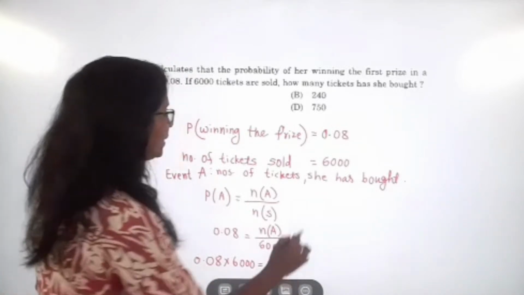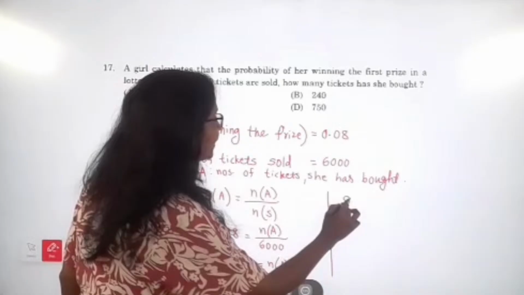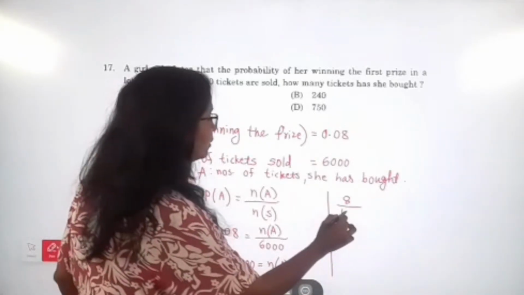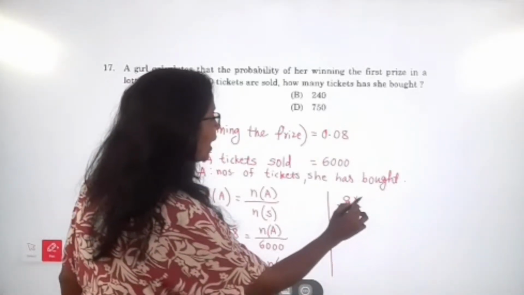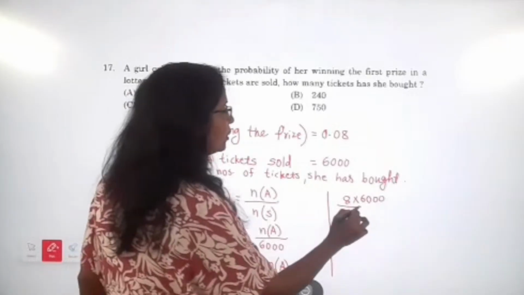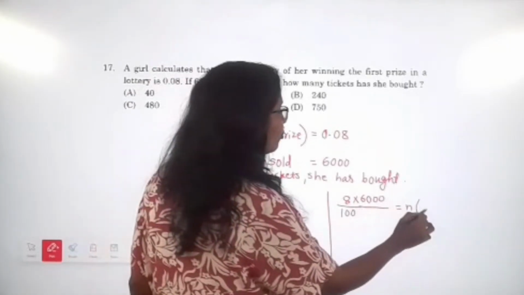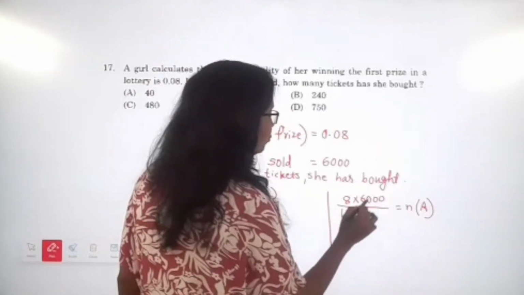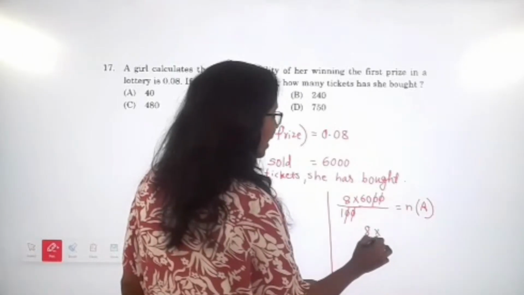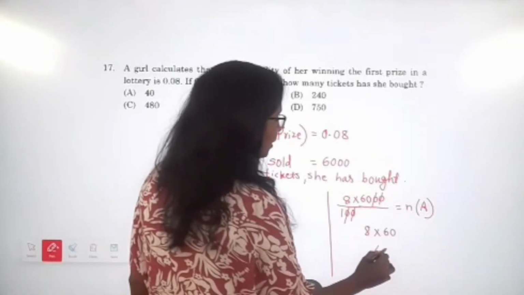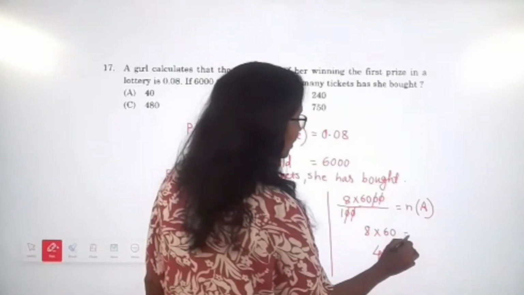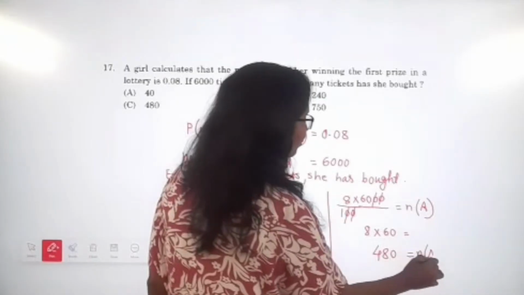Writing 8 upon 100 multiplied by 6,000 is equal to n of 8. Here the zeros get cancelled, so 8 multiply 60 gives 480. That is n of 8.